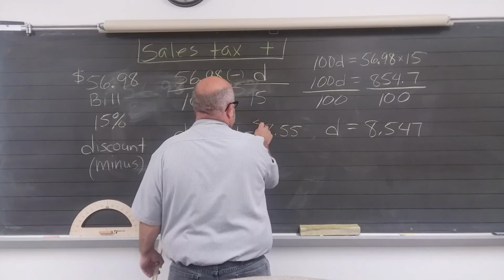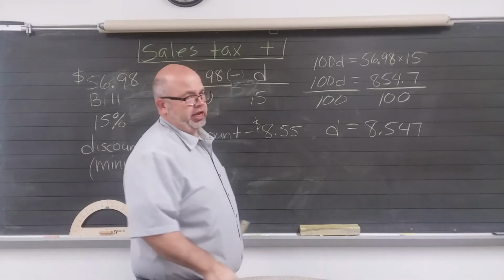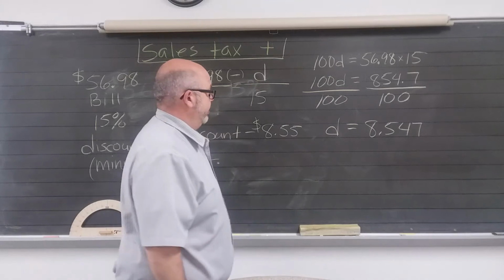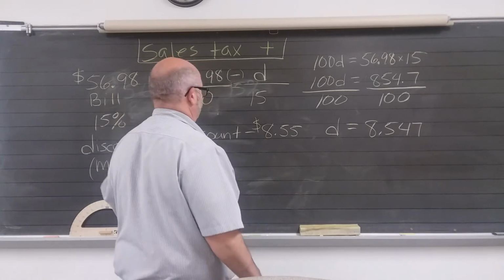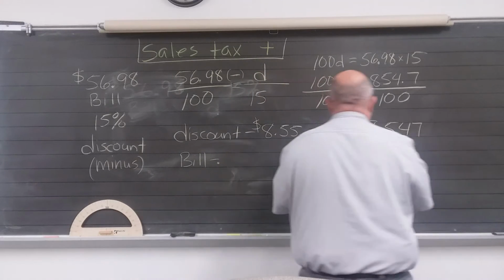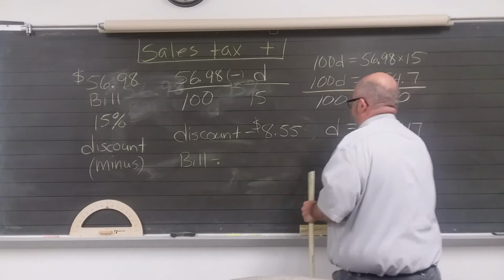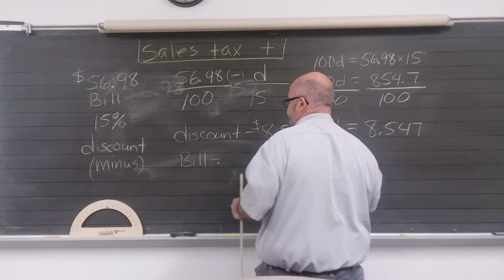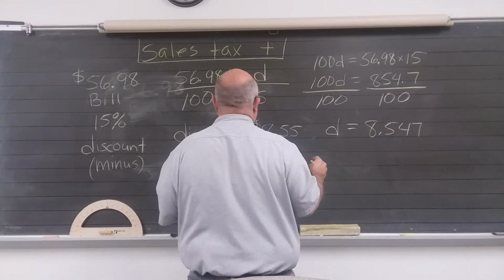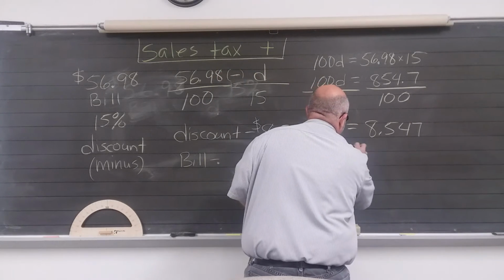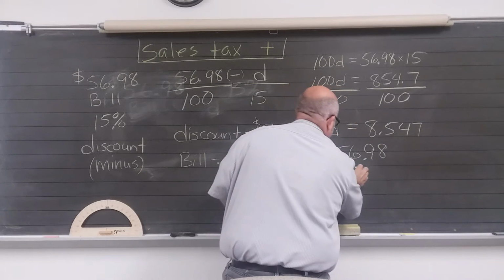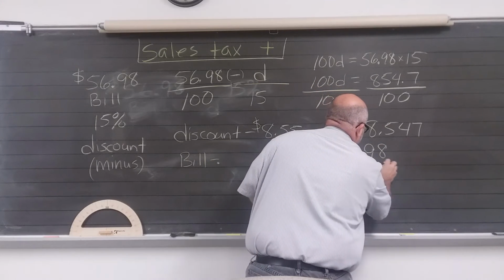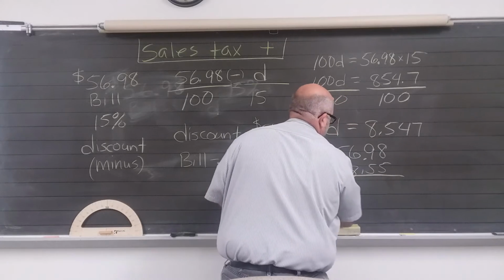$8.55. Make sure you put your dollar sign on these, okay? So your discount is $8.55. So then you subtract $8.55 from your total bill, $56.98 minus $8.55. Okay?